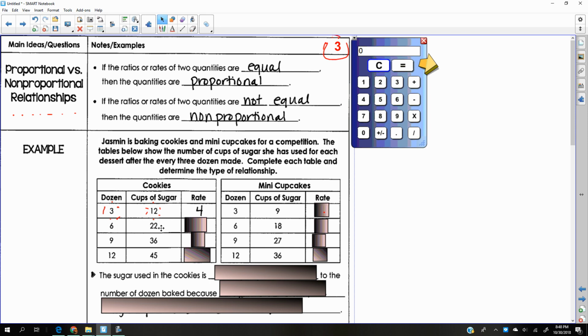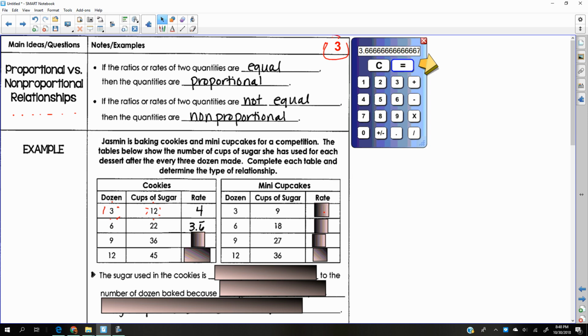Make sure you have your calculator. If you don't have it, pause the video, go get it, come on back. Welcome back. So 6 times what is 22? There's nothing even, so we get our calculator and we do 22 divided by 6, and we get 3.666666. So the rate of that one is about 3.67.